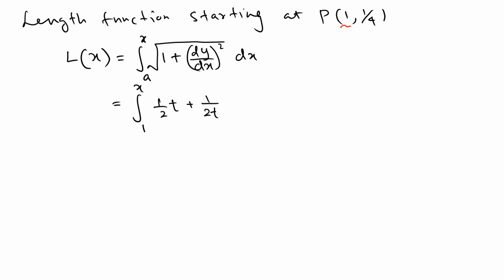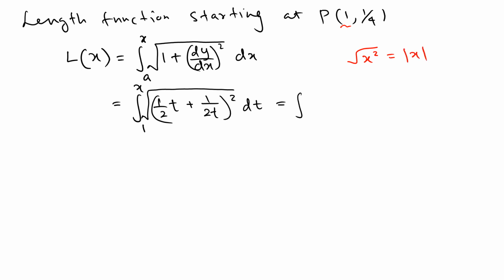Now we can see that this is a square and the square root. Since this is positive, the square and square root cancel out. Normally what happens when you have x squared under a square root is that it is not x, it is the absolute value of x.